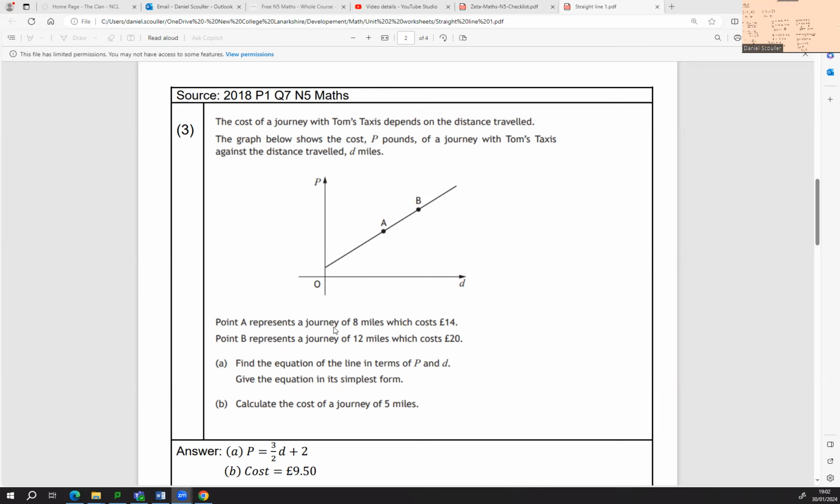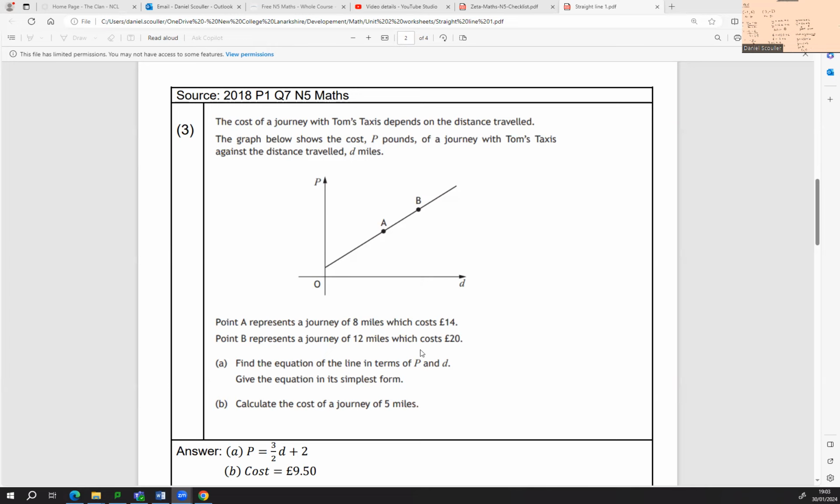Point A represents a journey of 8 miles. So the x value there, the distance, is 8. The cost is 14, so the p value in pounds is 14. So your coordinate on that straight line is 8, 14. The second coordinate is 12 miles, so 12 for our position x, and our y value would be 20.